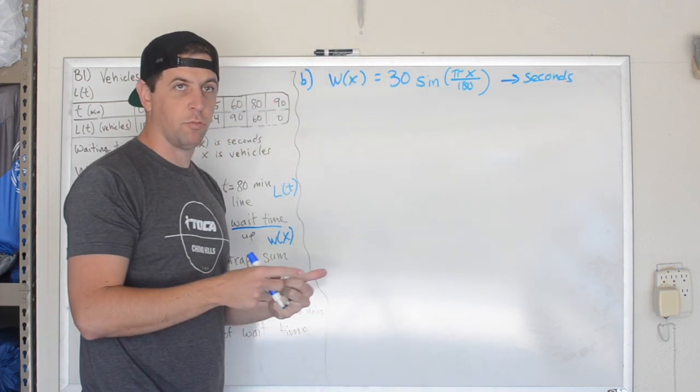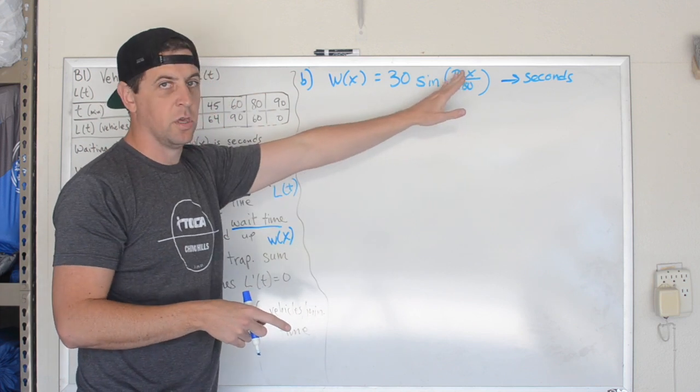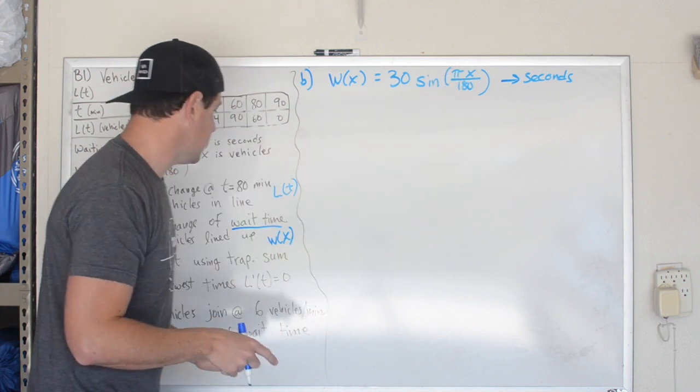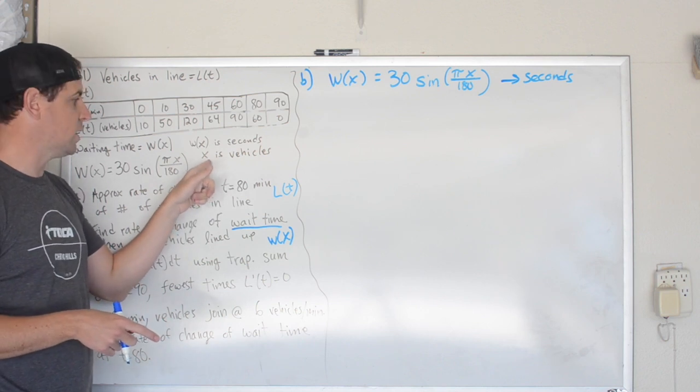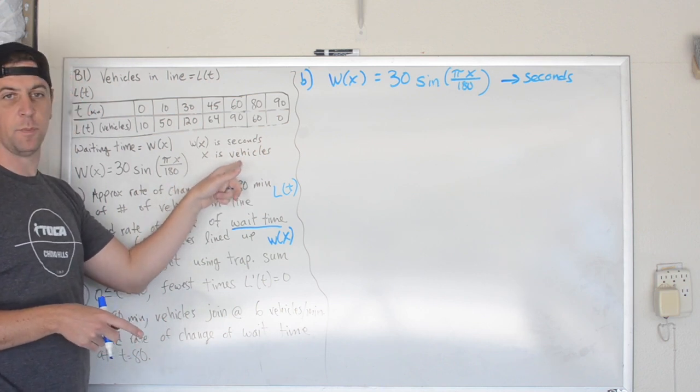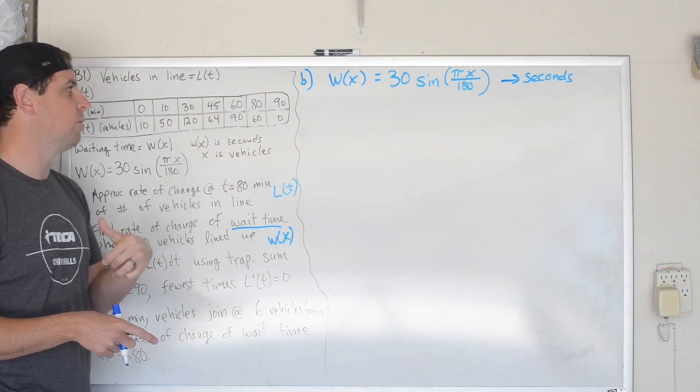However, I'm going to take the derivative with respect to x. The derivative with respect to x is the derivative in terms of vehicles. So we're taking d/dx, which is the derivative with respect to vehicles, because x is vehicles here.